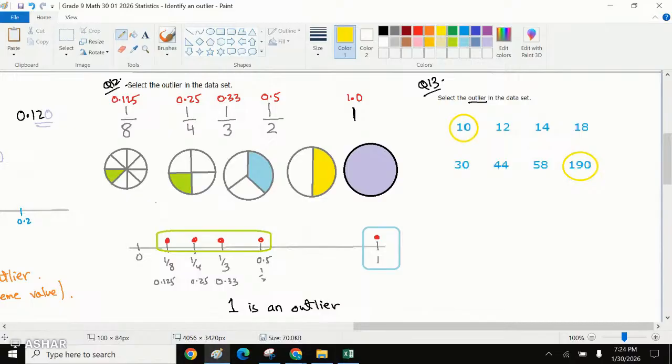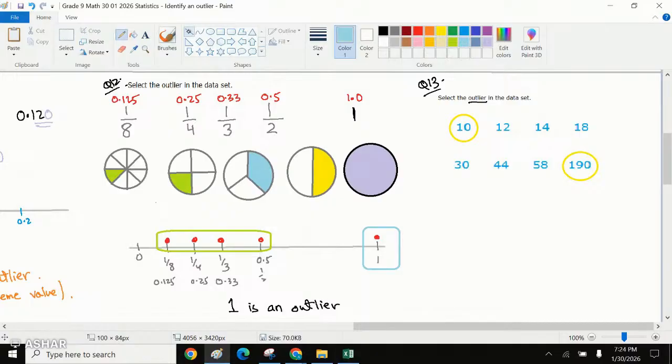Yes, we can see 10 is close to 12 and it is close to 14 and 18, all these numbers, right? But for the other extreme value, that is 190, can we see any number that is close to 190? The only number we have close to 190 is 58, and there is a huge difference between 58 and 190, right?